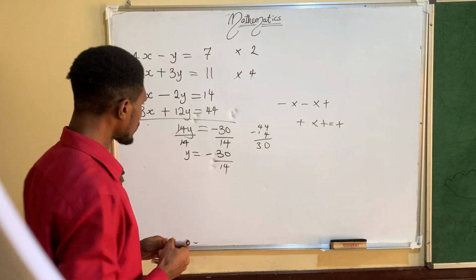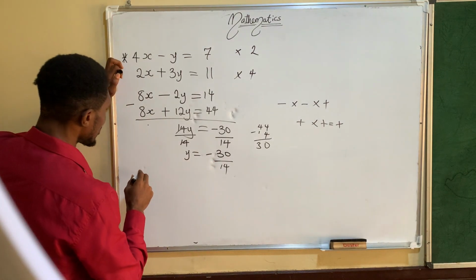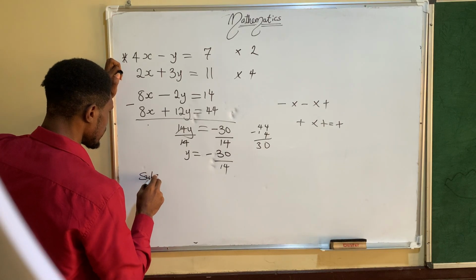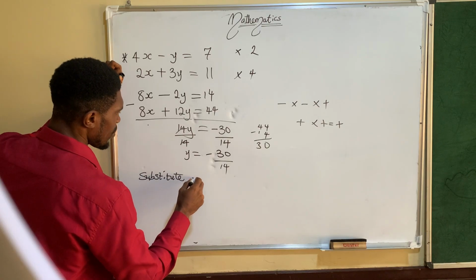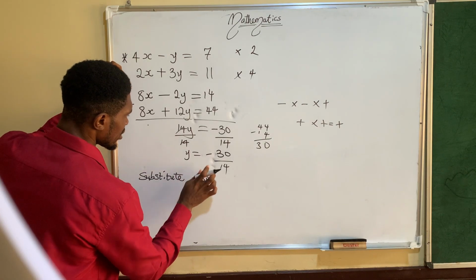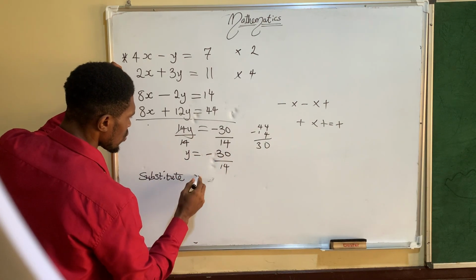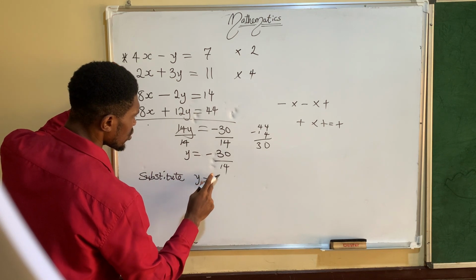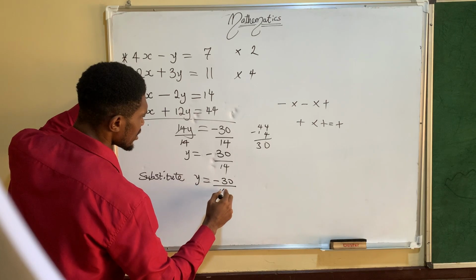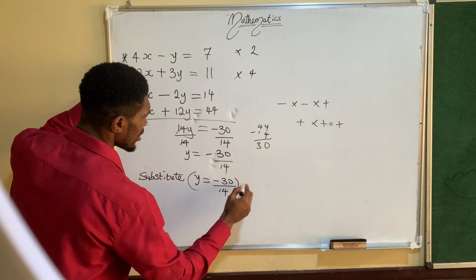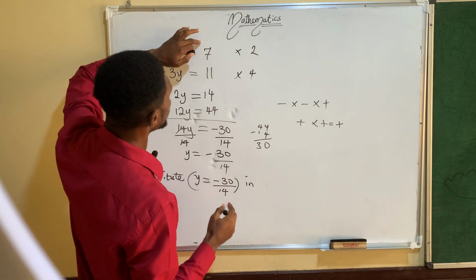So what we do now is that we substitute y is equal to minus 30 over 14 in equation 1.